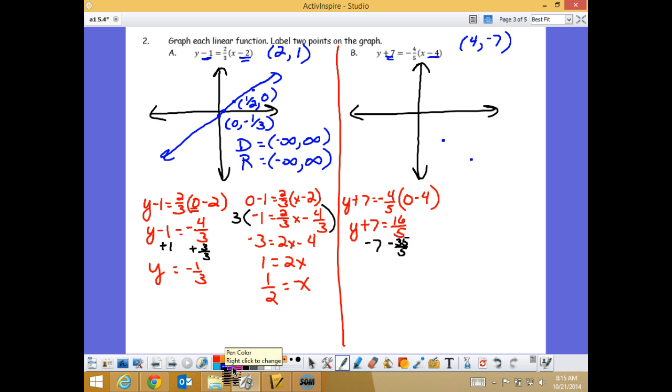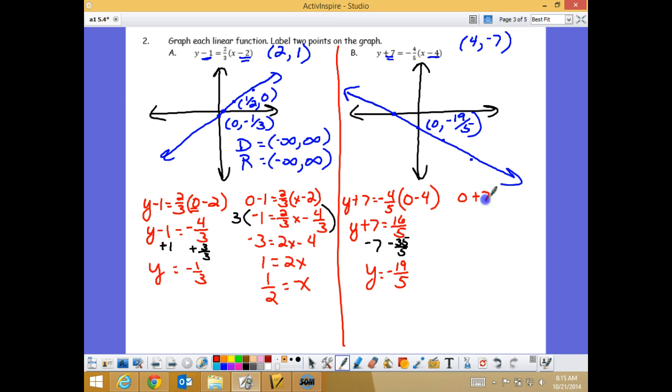So our y-intercept then is -19/5, which we'll say puts us about there. So our line goes through that. So here's the y-intercept. And we're going to find now the x-intercept by plugging 0 in for y.